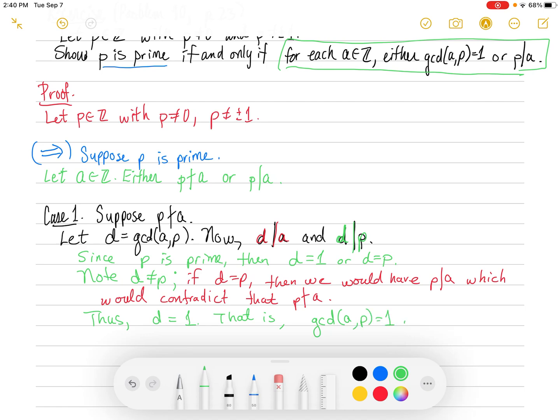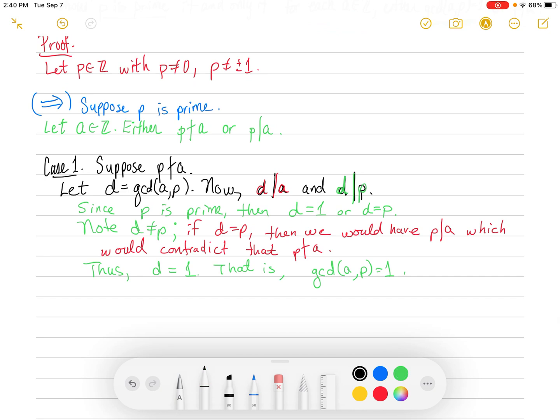Okay, so that gives us one of the two situations. Let's do case 2. So this was case 1 that I checked. Now let's do case 2, that's the double check. What if p divides a?